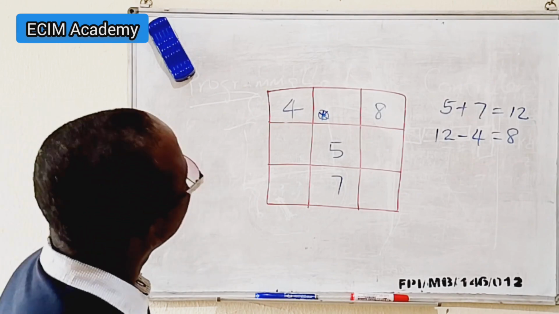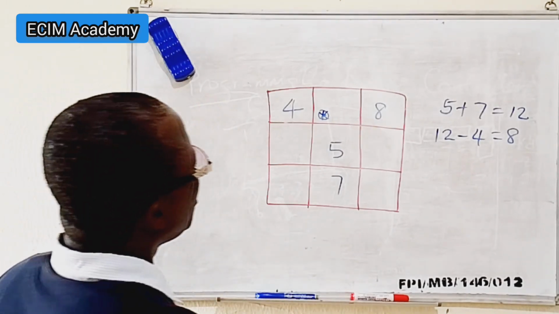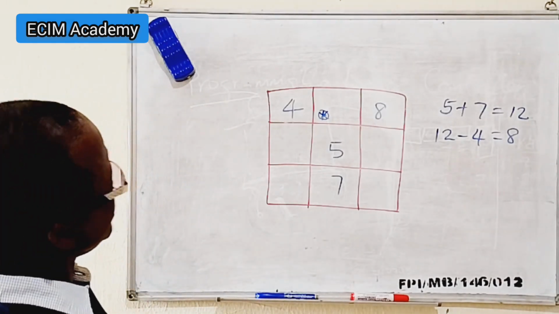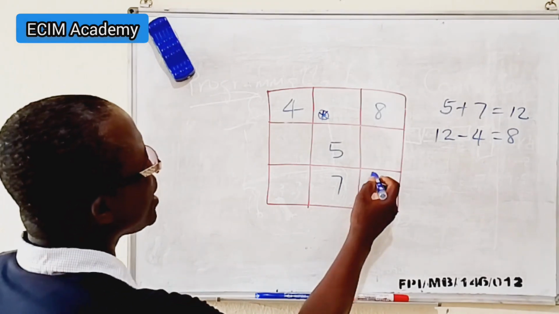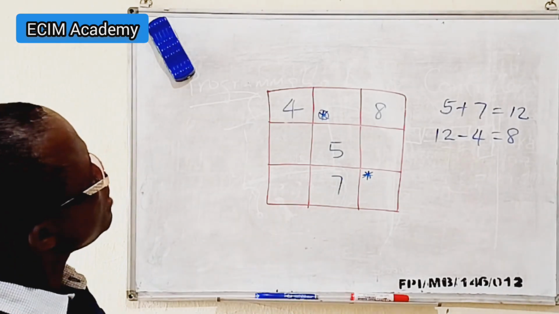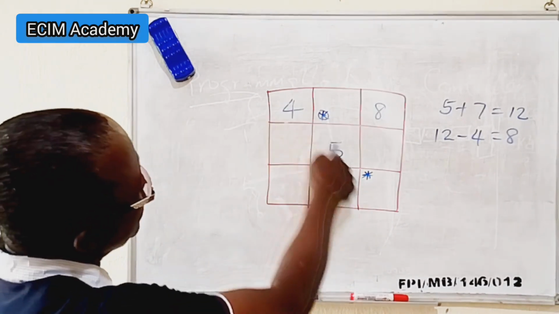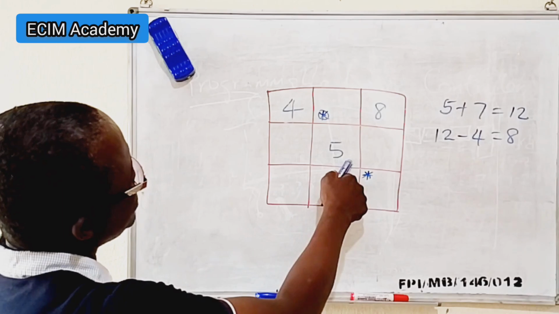Now, we proceed again. We see that we can also guess another cell. For example, this particular cell, we star it. Why do we guess that place? Because we already have on this diagonal 2 numbers.